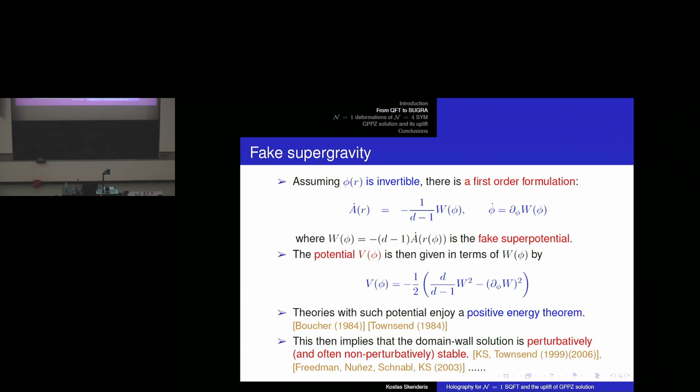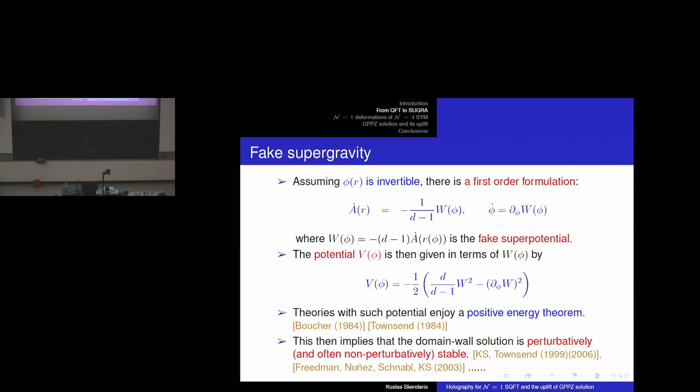If this would be a truly supersymmetric flow, the W would be the superpotential that comes from supergravity, but here it's defined by the solution itself, and is defined by, this is the scale factor.